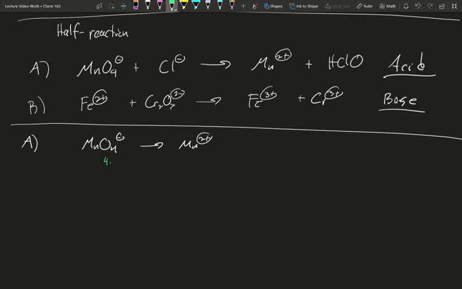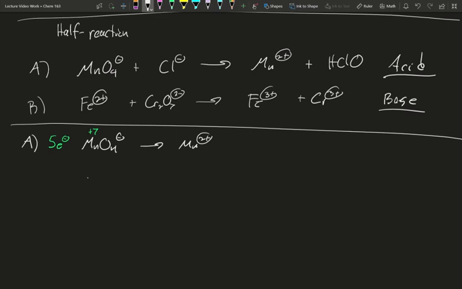I have 4 of them, so 4 times 2, that's 8 negatives. I have 1 negative left overall, and so this must be a +7 on my manganese. So that means I need 5 electrons. 5 electrons will get rid of 5 of those positives, leave us with 2 positives after this reaction.